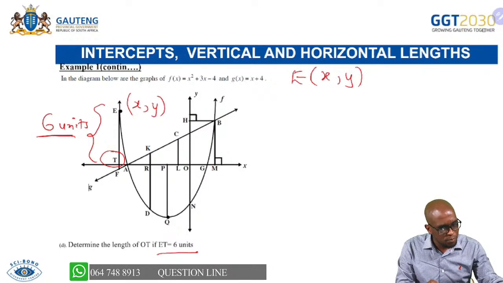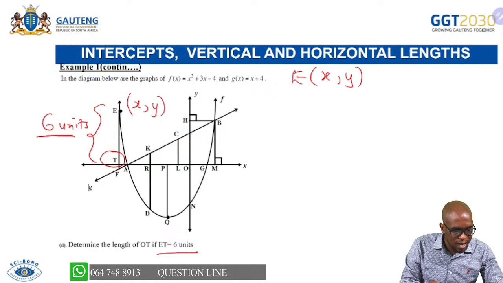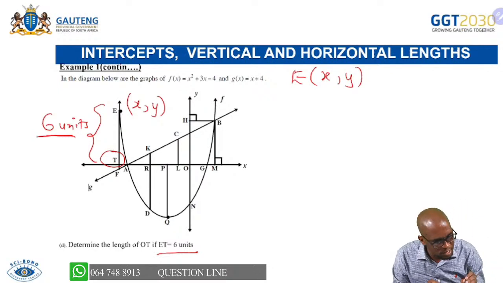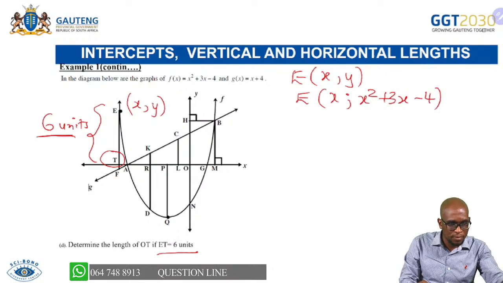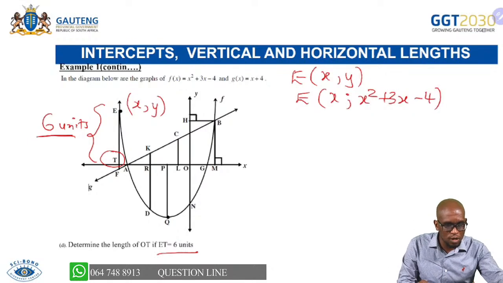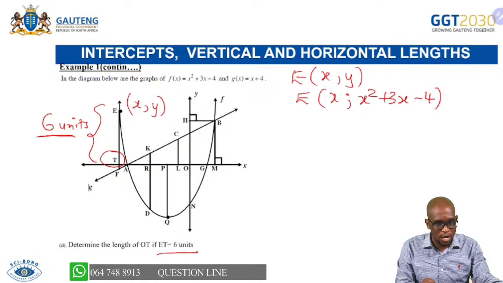But now, because E lies on the parabola, the coordinates of E are given by x, x squared plus 3x minus 4. Because y is given by x squared plus 3x minus 4, because this point here lies on the parabola.